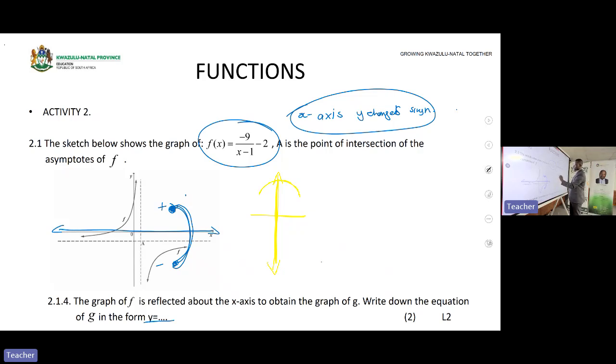So the value of x will change to a negative. Then in your equation, it's very simple: where there is x, you simply put a negative sign. So instead of having a positive x, we are now going to have a -x.